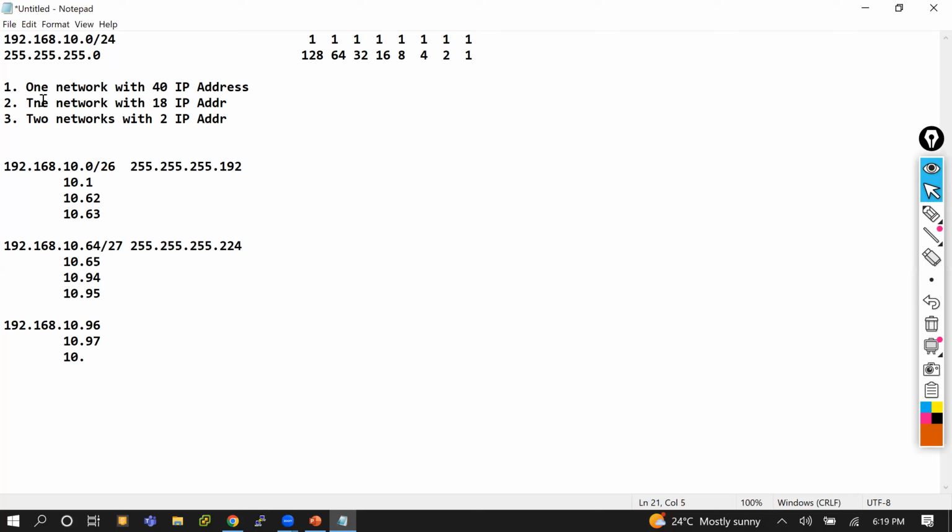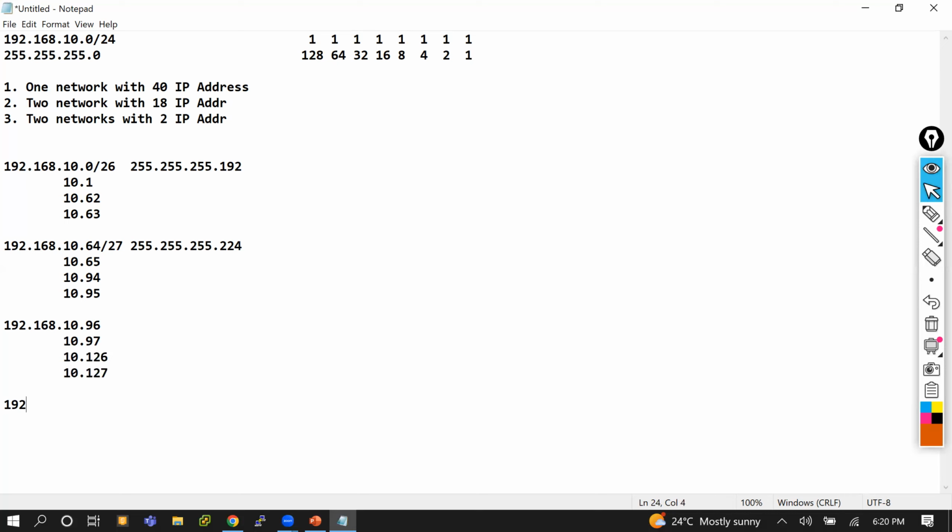If you remember, I asked to find two networks here. Two networks. That means 96 plus 32 is how much? So 126 will be my last valid IP address and 10.127 is the broadcast ID.